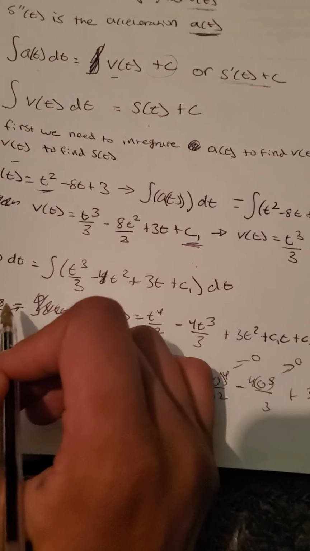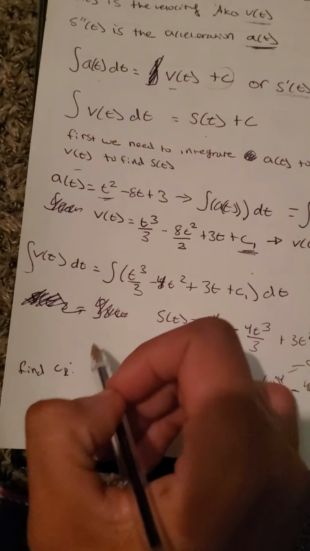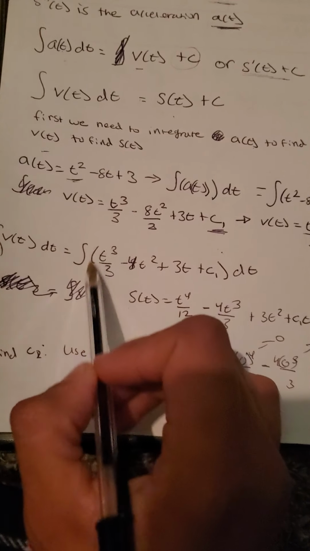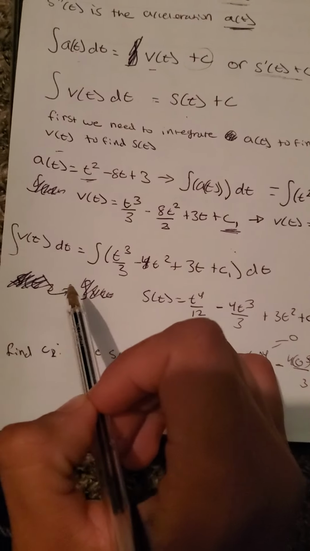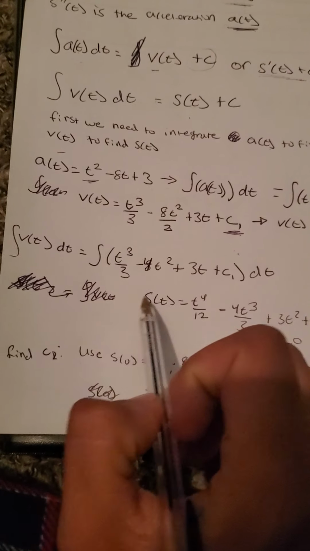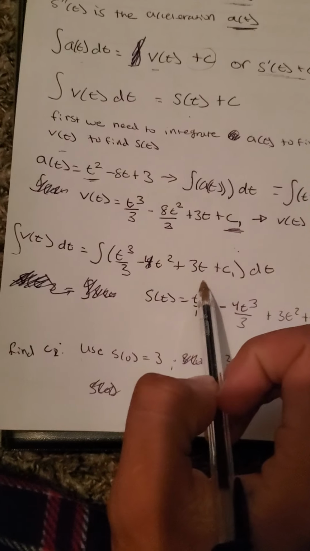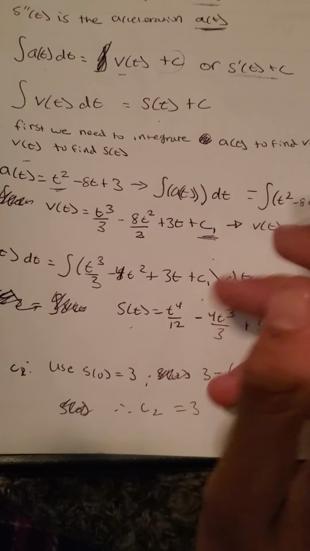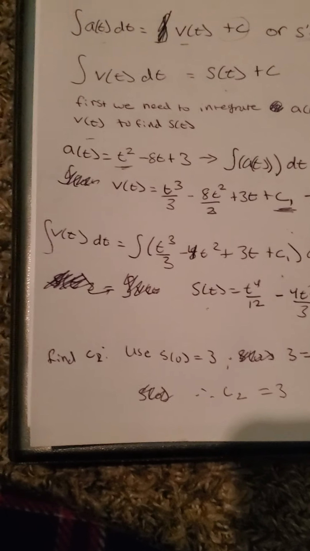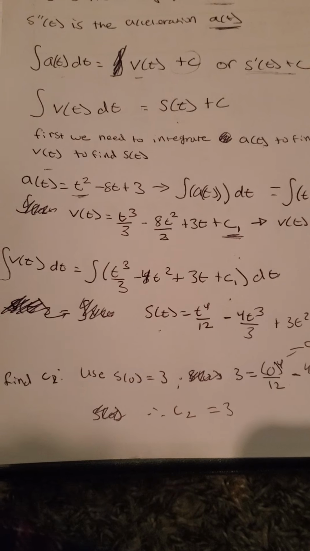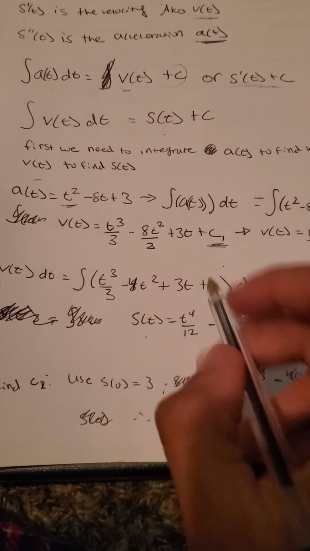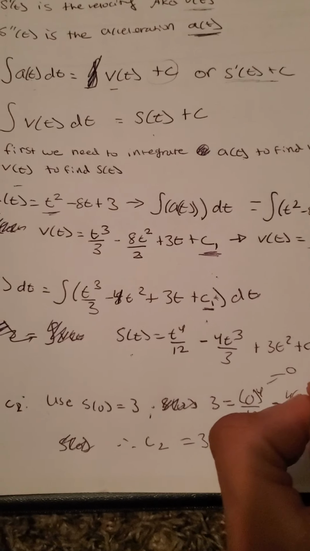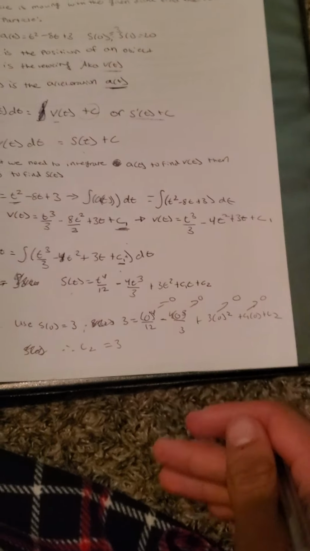So the position as a function of time is equal to t to the 4th over 12 minus 4t cubed over 3 plus 3t squared plus c1 t, because we add a t to the constant now, plus c2, using the power rule again.